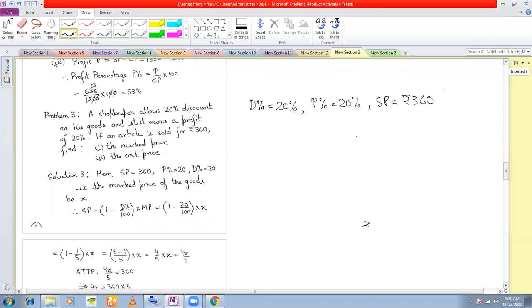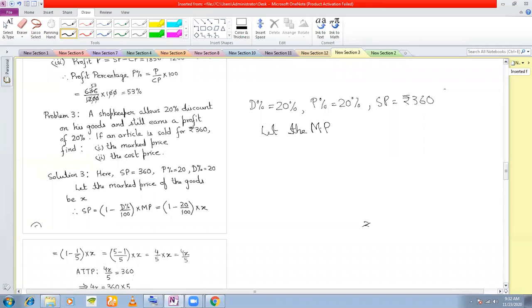Okay, so how do you calculate mark price from the selling price? You know that selling price, if I say let the mark price be X, calculating mark price from the selling price is just like calculating your cost price from the selling price.